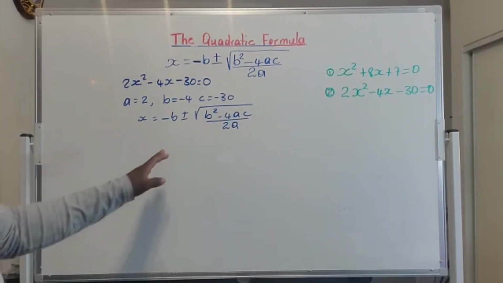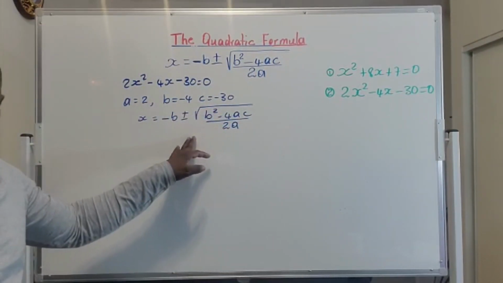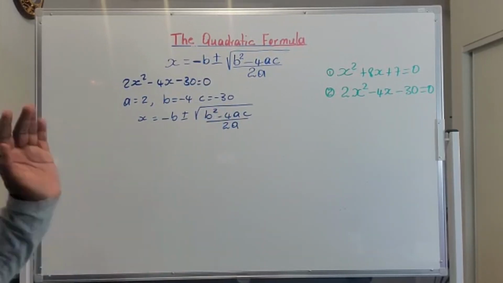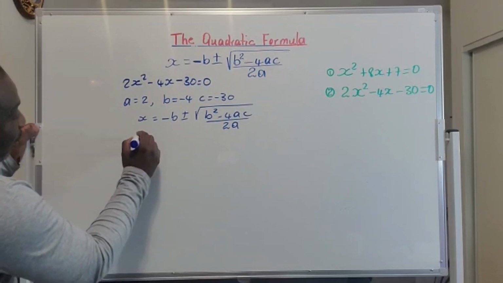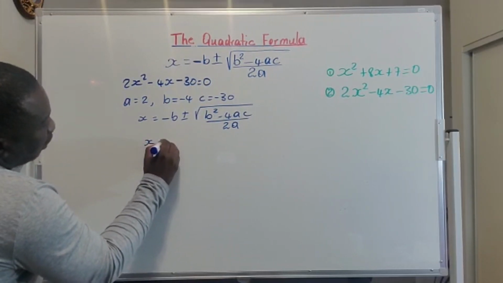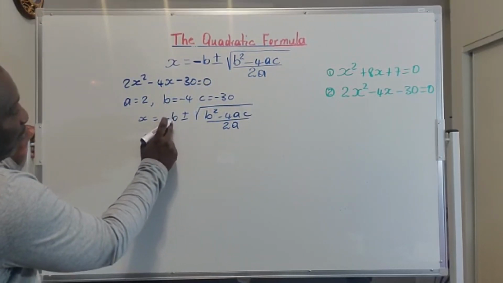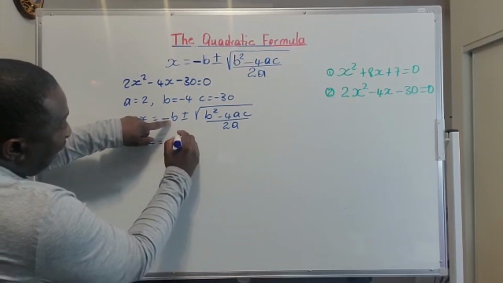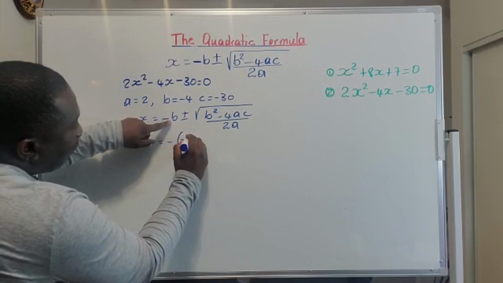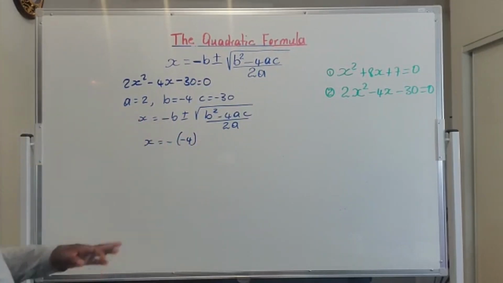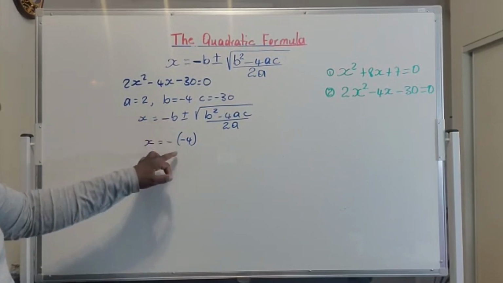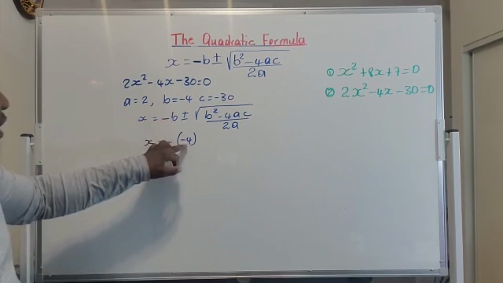So now we will be plugging in each of the values in the formula, or substituting the values within the formula. Therefore, x is equal to, remember that this is a negative sign, I'm going to maintain this negative sign, and b is negative 4. So I use the parentheses to separate. So I maintain this negative sign in the formula. The value of b is negative 4.